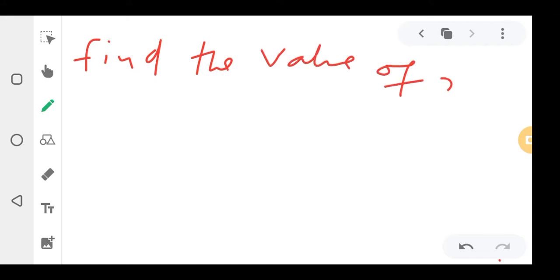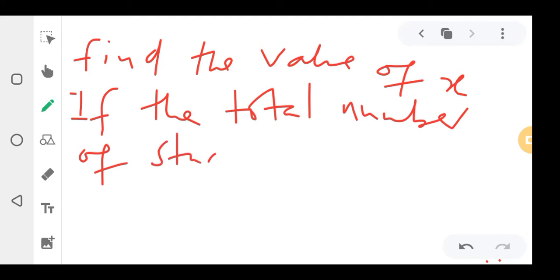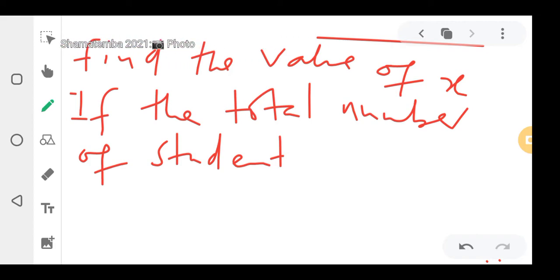So they can say, find the value of x if the total number of students were 20. Okay?